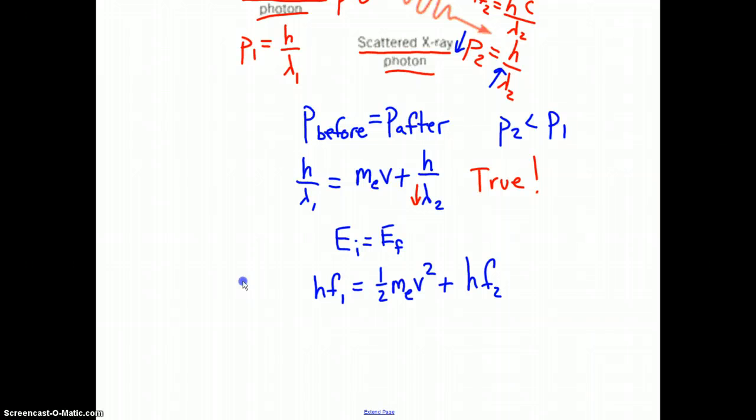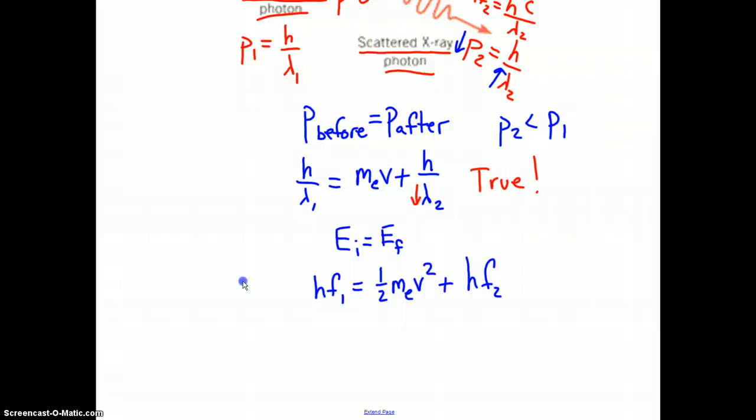Well, once again, if the original energy is equal to the energy after, that means the photons should lose energy because they're giving some of the energy to the electrons to be scattered. So what should we see here? Once again, we should see that the frequency and therefore wavelength of the photons after collision changes.